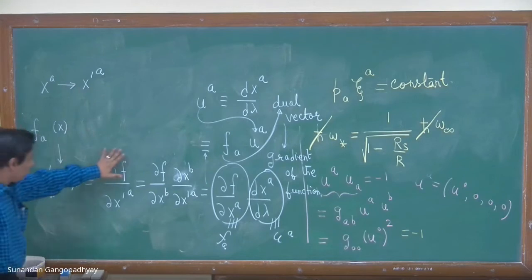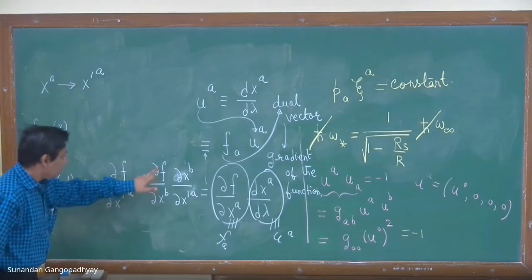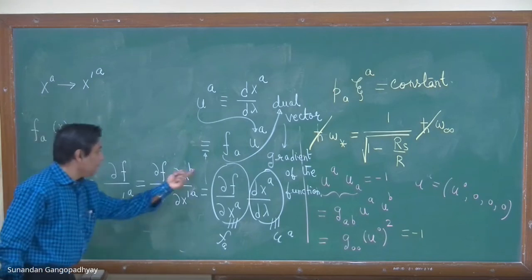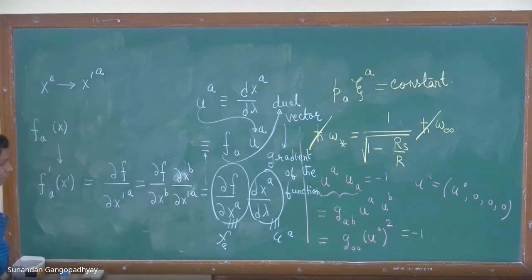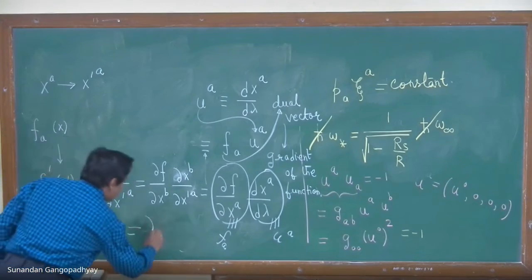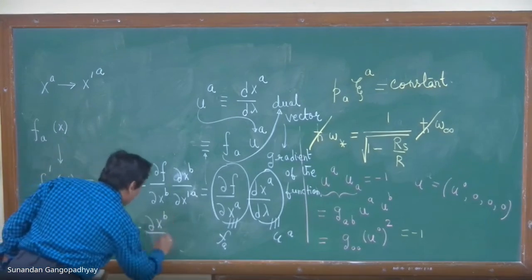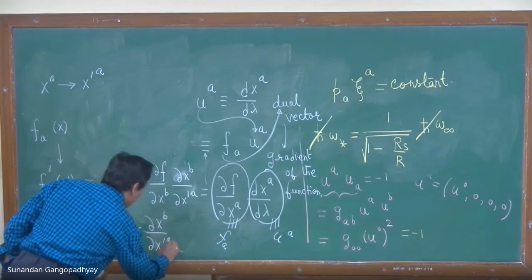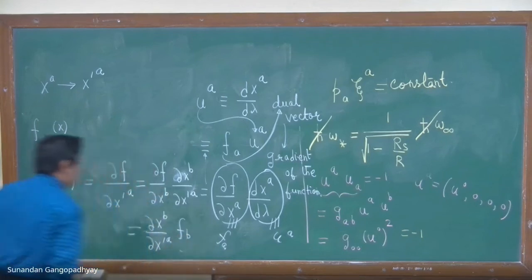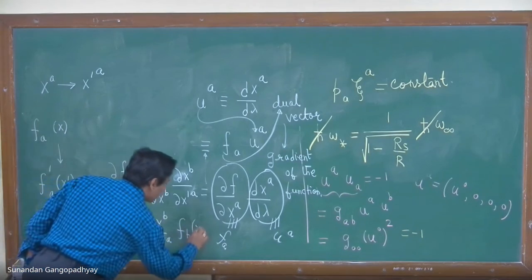B is a repeated index, so it is summed over, and this is equal to del x b del x prime a times f b.